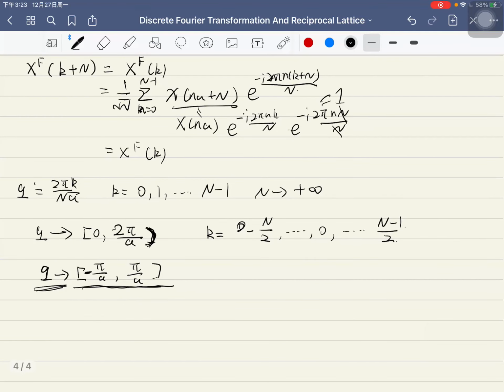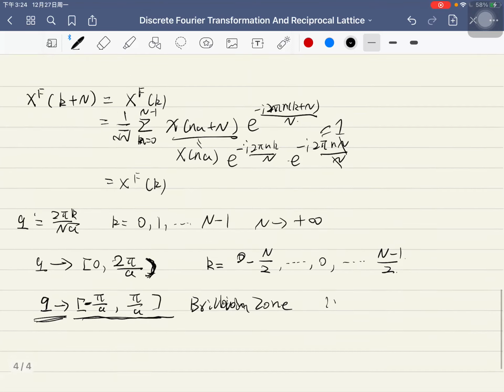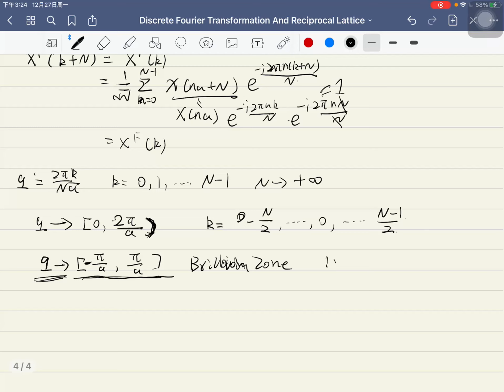So this is the Brillouin zone of the one-dimensional lattice, the simplest lattice. And also, of course, 0 to 2 pi over a is also the first Brillouin zone. But in many textbooks, they often take this one.